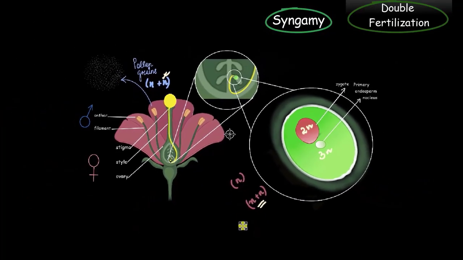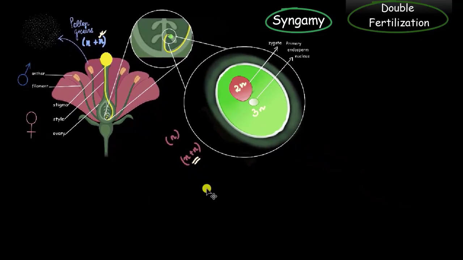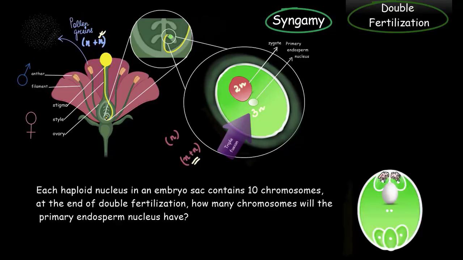Alright, now that we have seen how fusion of male and female gametes takes place, we know what double fertilization and triple fusion are. How about we try and solve a question related to it? So the question is, if each haploid nucleus in an embryo sac contains 10 chromosomes, so this is an embryo sac and every nucleus has 10 chromosomes, then at the end of double fertilization, how many chromosomes will the primary endosperm nucleus have?